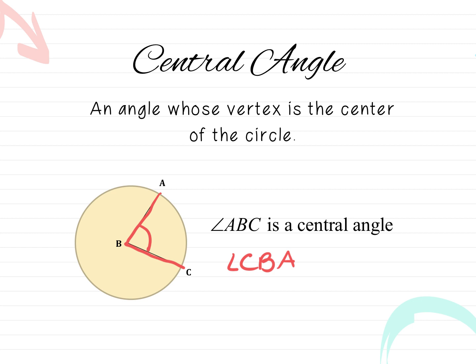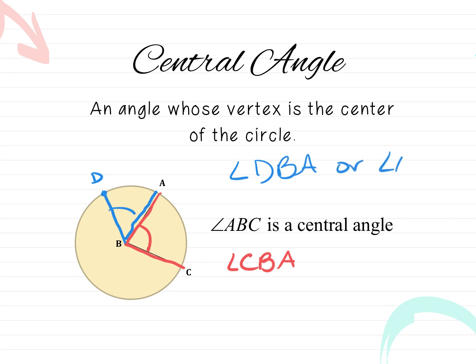Now, if I were to add in another point here, let's say I add point D here, I could now name another central angle. I could use these two radii, and I could call that angle DBA. Again, notice the middle letter is that center point.